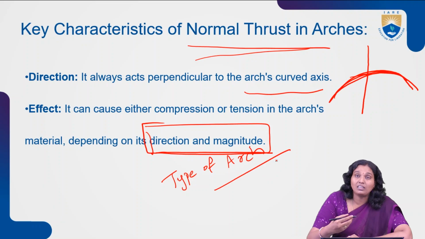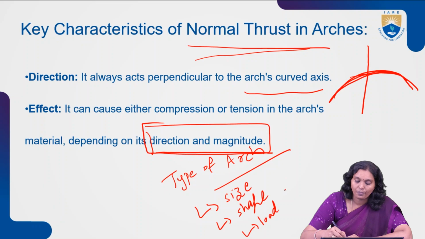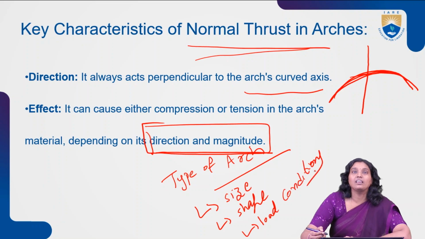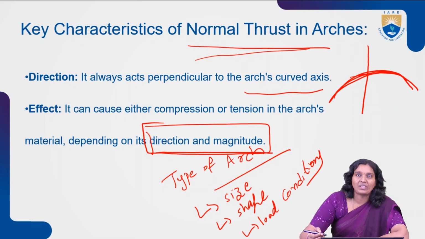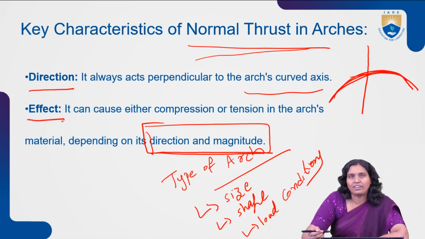The normal thrust depends on size, shape, and loading conditions. These are the major parameters that influence the normal thrust in arches. These are the two key characteristics we understand in normal thrust: direction and effect.